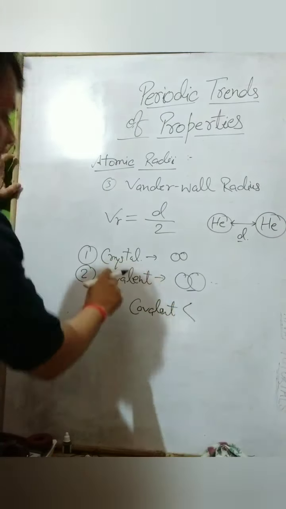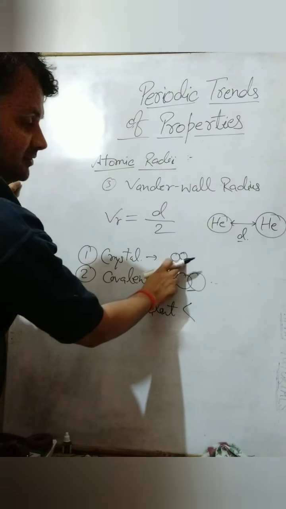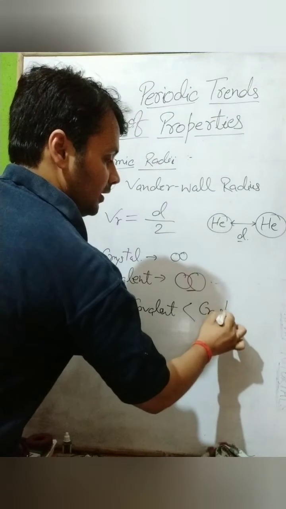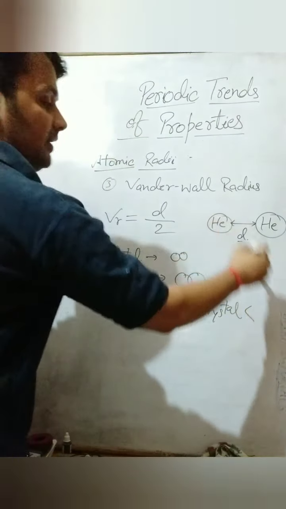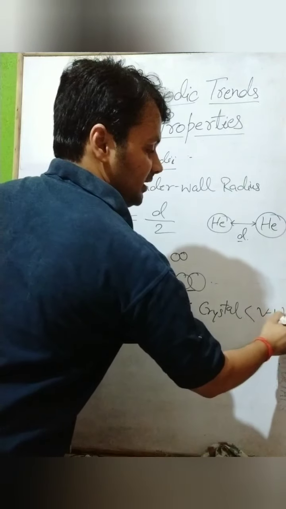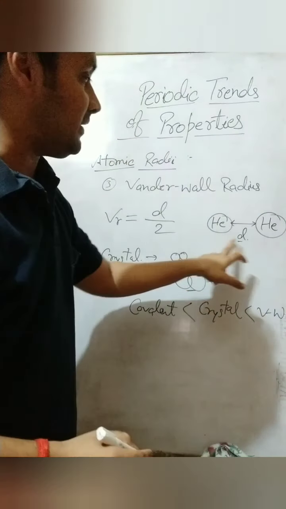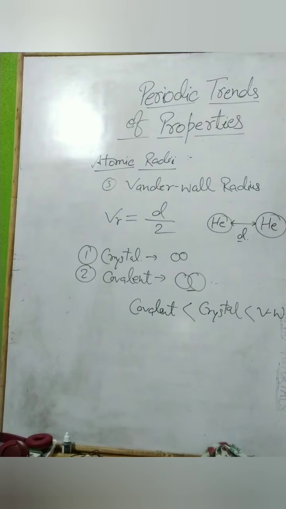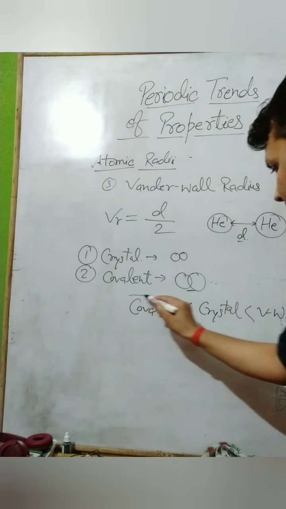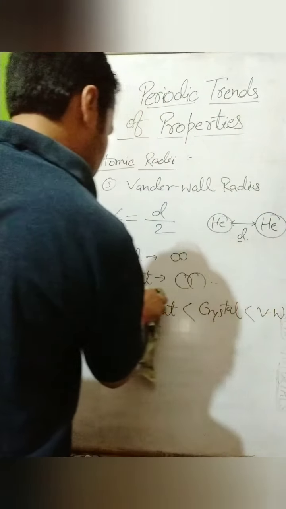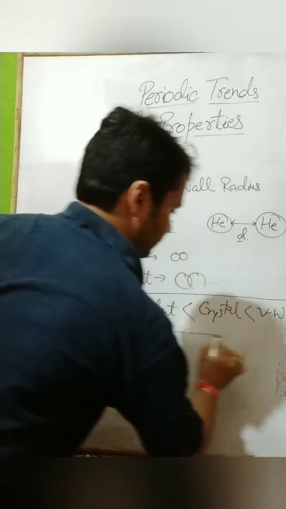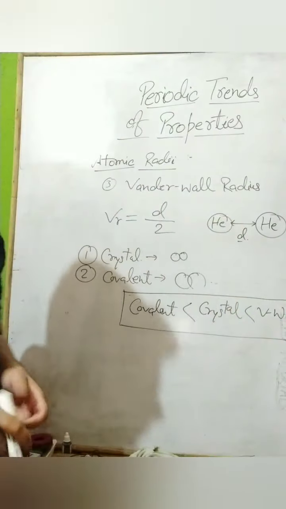After this comes the crystal radius, when the atoms are placed next to each other. And the last one is the van der Waals radius, because this is a distance which is calculated when the atoms are placed at some minimum distance. So this is the relation of all the three types of radii which we were studying here.